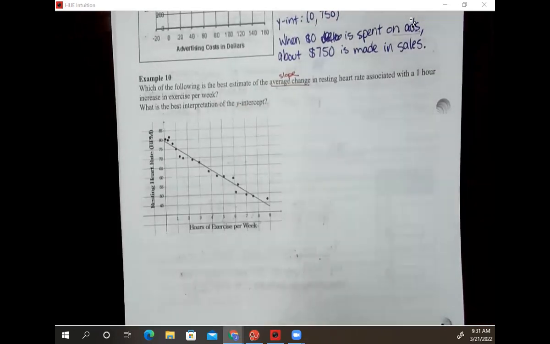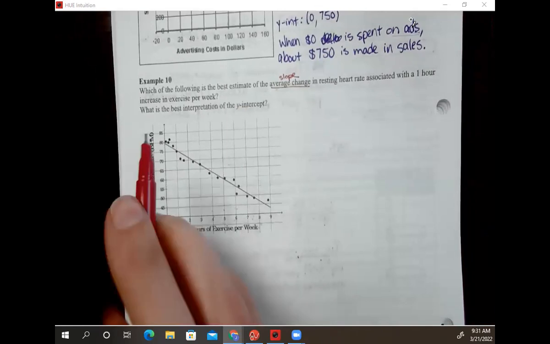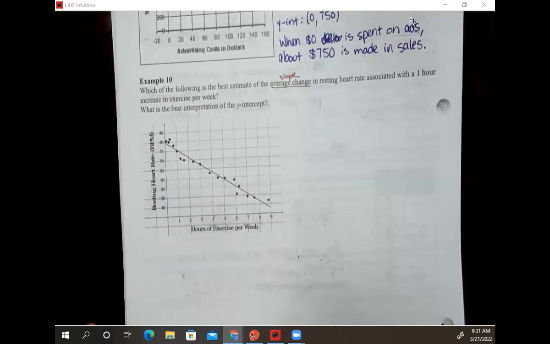So what we're looking at here is number of hours that I exercise per week and my resting heart rate. Presumably this is something involving cardiovascular activity, so that our resting heart rate would drop, because that's what we're seeing here. This trend here is that as I increase the number of hours per week that I exercise, my resting heart rate is going down.